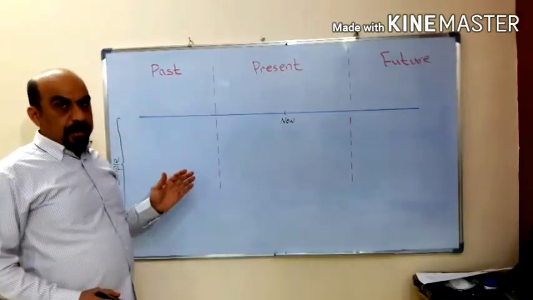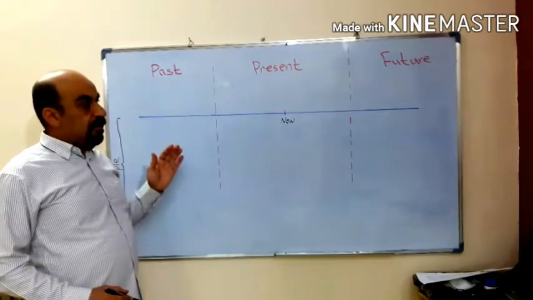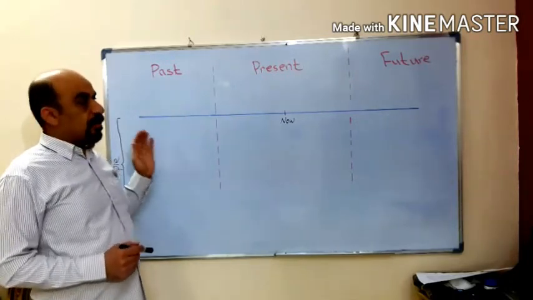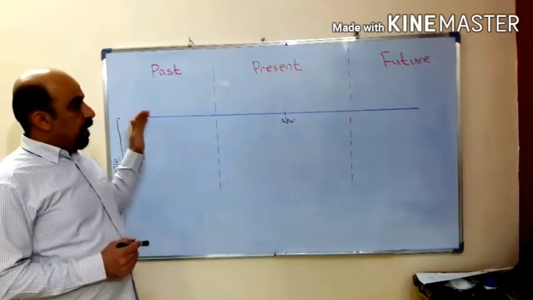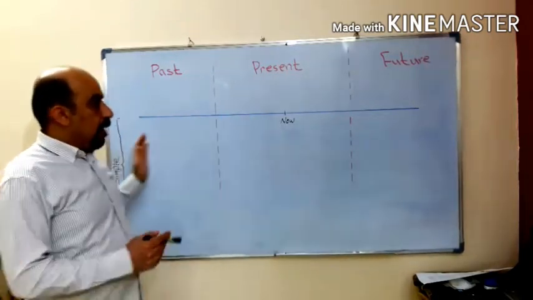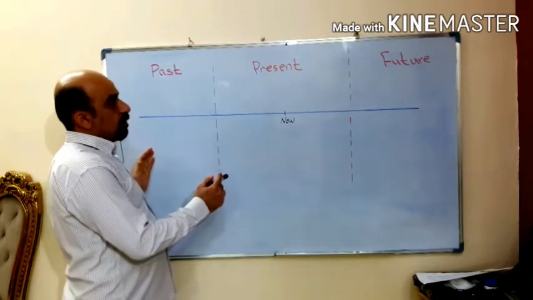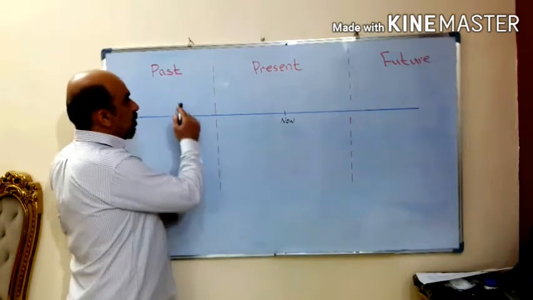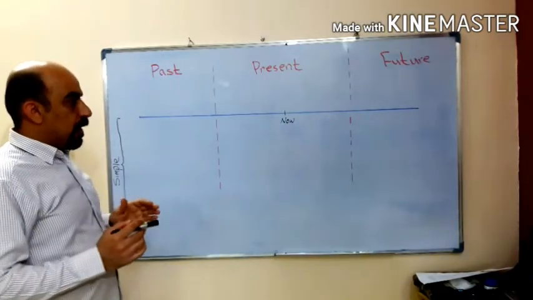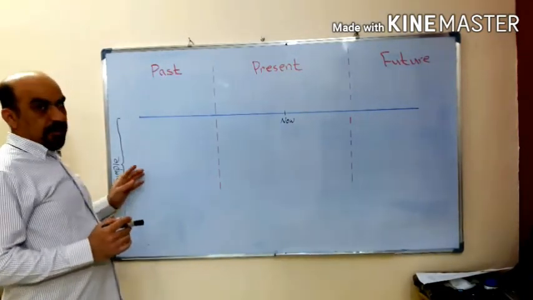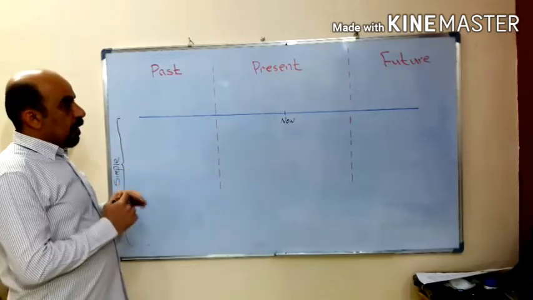The simplest way to study and understand the tenses is by using the timeline, which is a straight line, and the area is divided into 3 sectors: past, present, future. Now we will take the simple category.